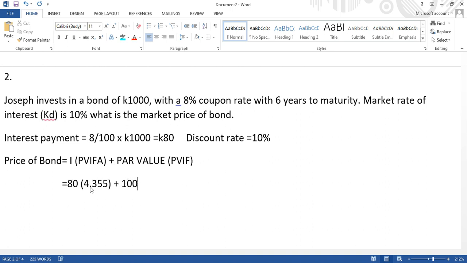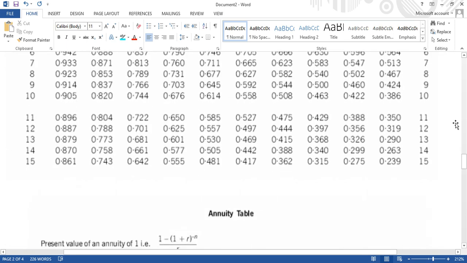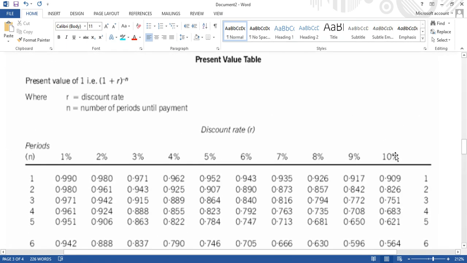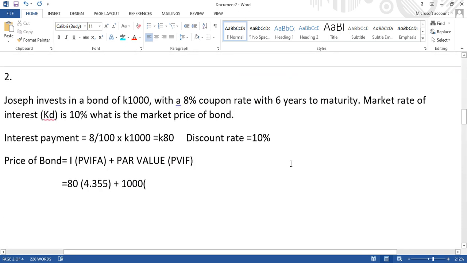So we're going to say 4.355 plus the par value, which is 1,000, multiplied by the present value factor. Coming to our present value table, 10%, 6 years, it is 0.564.